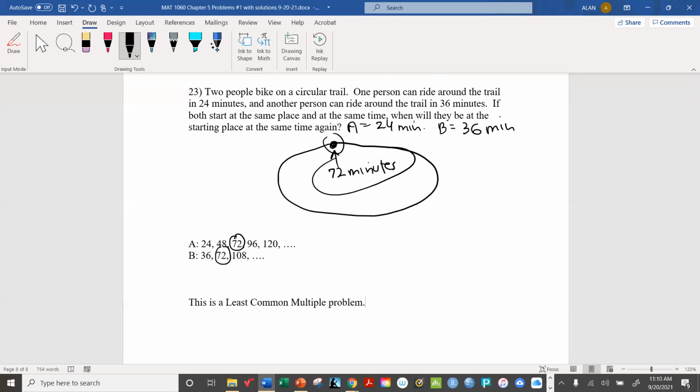See, so that's the challenge, recognizing that this is nothing but a least common multiple problem. Okay, so that starts you thinking, maybe when I see this again on a test, I won't have a problem with it because I get the idea. That means we're starting to get good at this stuff.